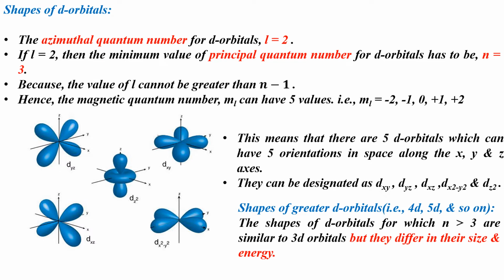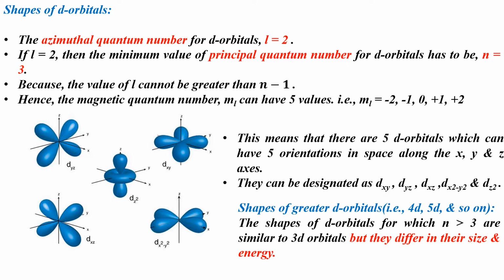So this means the quantum number ml has 5 values for d orbitals, and these values can be minus 2, minus 1, 0, plus 1 and plus 2. This means that there are 5 d orbitals which can have 5 orientations in space along the x, y and z axis. And they can be designated as dxy, dyz, dxz, dx square minus y square and dz square.